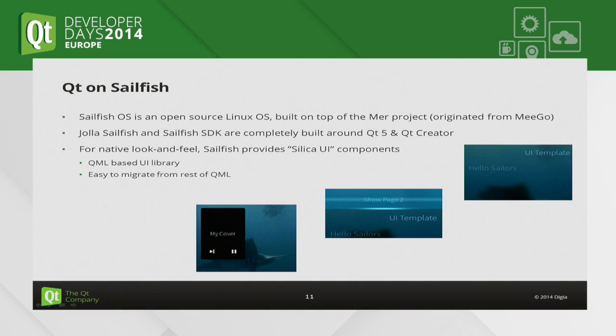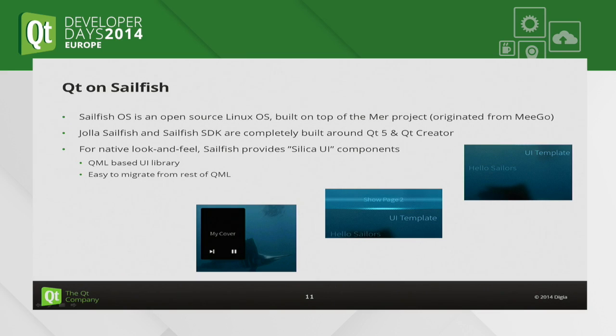But anyway, their phone is fully Qt-based. So the whole graphic stack is based on Qt, all the applications there. And they have a very vibrant ecosystem of open source developers doing things with Qt. However, they're not using regular Qt Quick either, but they have their own look and feel components called Silica UI, because they have a different kind of a user experience in general.